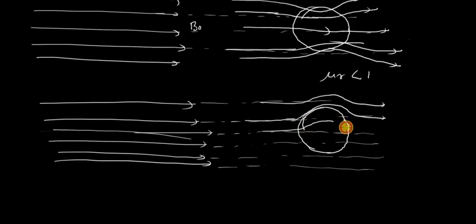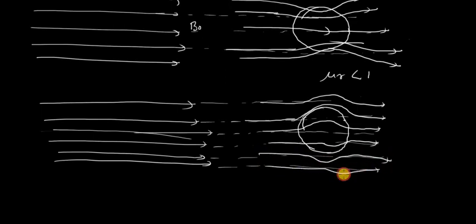These go this way, and these go outside. So the number of lines of force inside the sample decreases. This is for diamagnetic material and this is for paramagnetic material. This is what happens in case of diamagnetic and paramagnetic material.